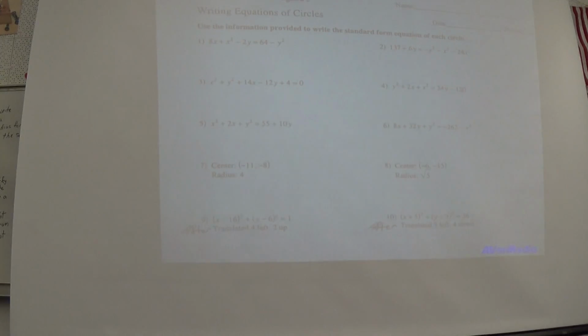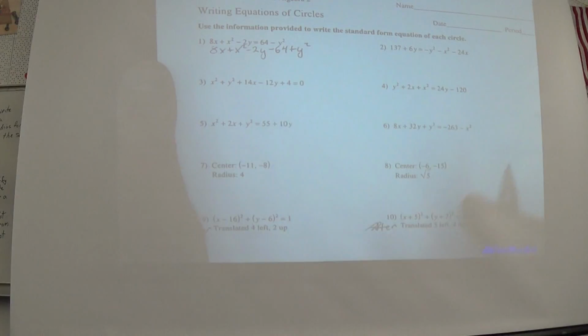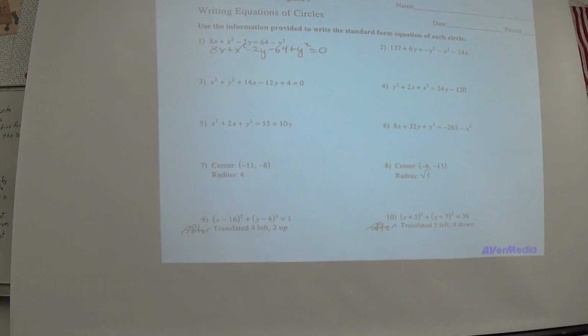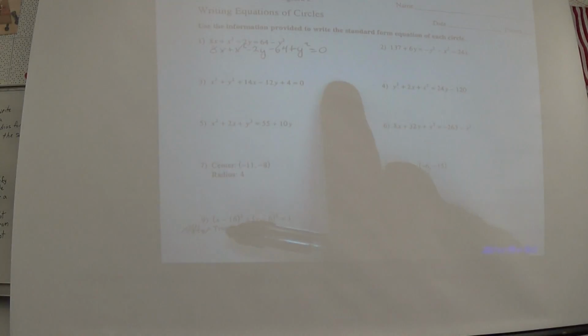When you move everything to the left, you're going to have this statement. You're going to have 8x plus x squared minus 2y minus 64 plus y squared equals 0, right? Then you've got to put it in the right order.